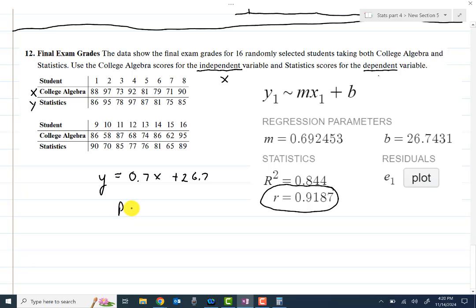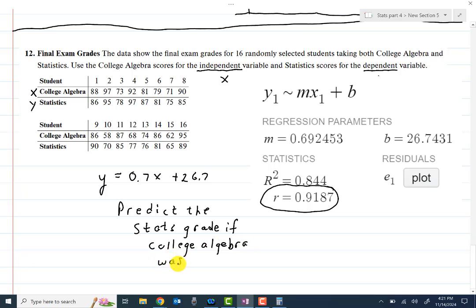Okay, predict the stats score if college algebra was, let's do 95. So we'll take y equals 0.7 times 95 plus 26.7. I get 93.2.